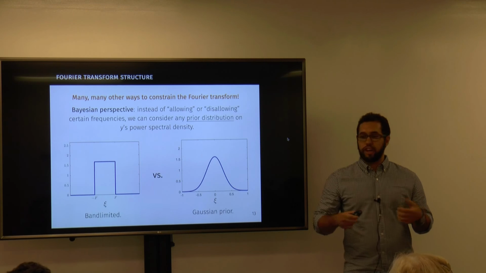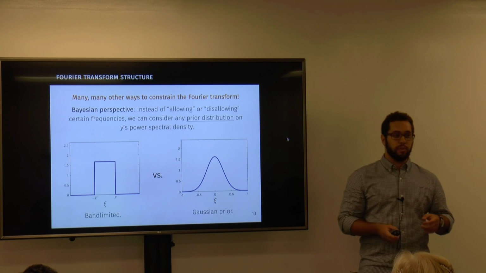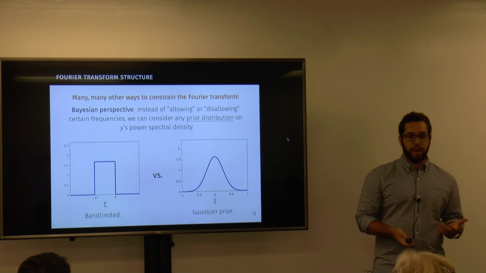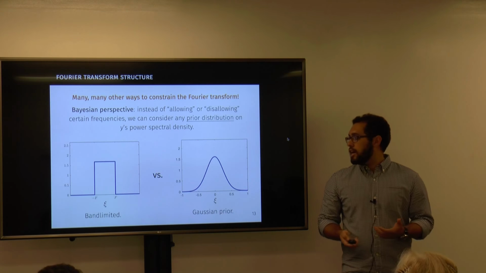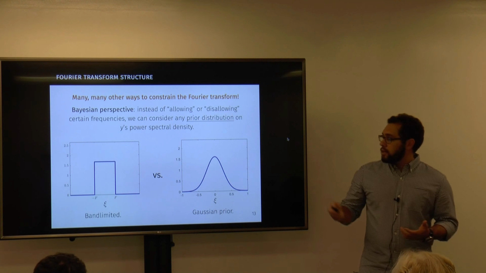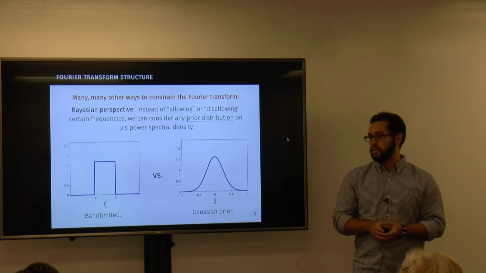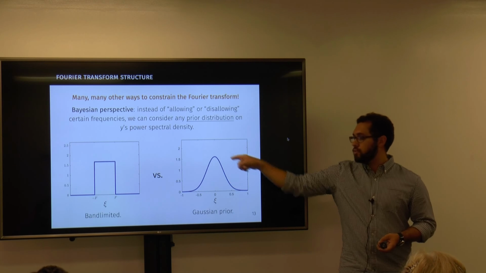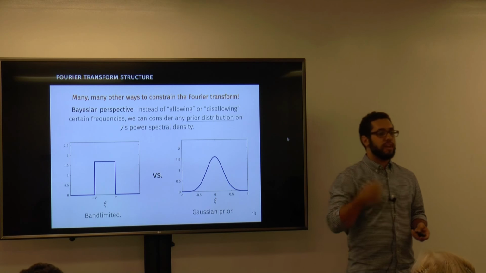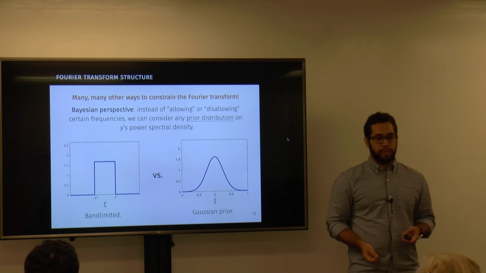You can think of general priors on frequencies. This is like the Bayesian perspective to fitting signals. We put a prior on the power spectral density of a signal. We give a number to all of the possible frequencies, and that number represents how likely that frequency is to appear in our signal.